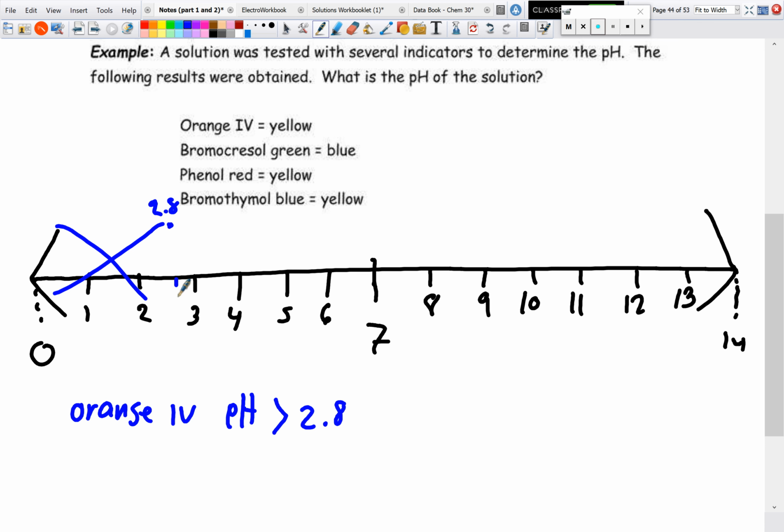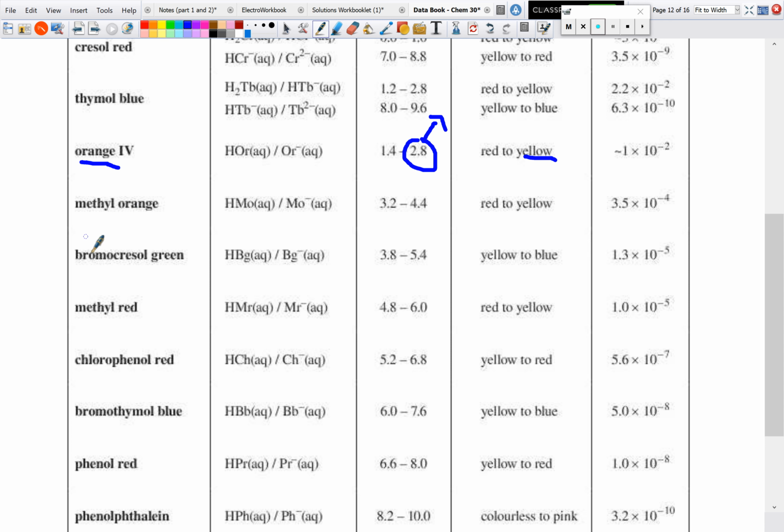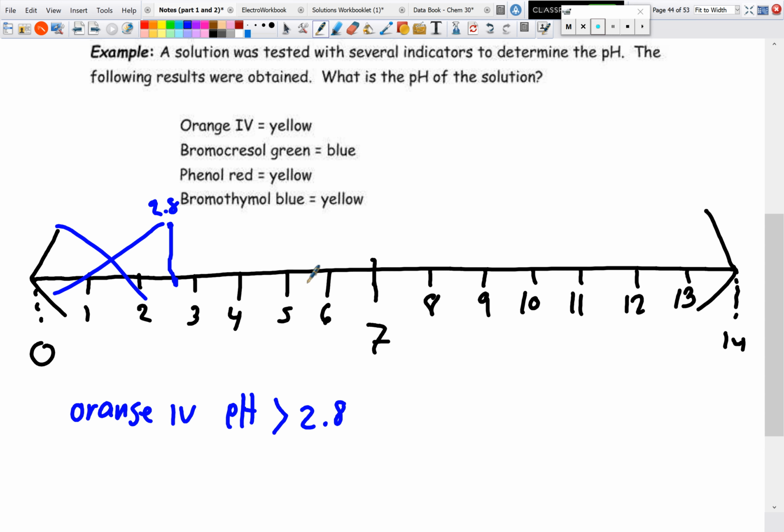So when we look at our next one, we see bromocresol green is blue. So we'll find bromocresol green here. And blue, the color right here, that means the pH is above 5.4. So we can go back and mark off 5.4 is about right here. And what that means now, because the pH is anything above this here, so now we can scratch out this entire section right here because it can't be anything below 5.4.